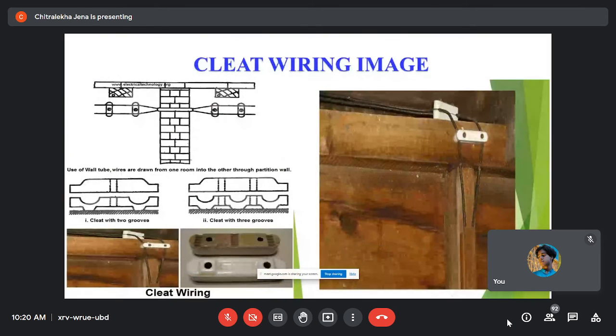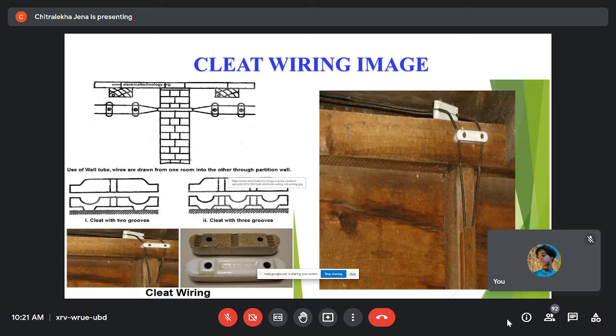Have you seen this type of wiring? Tell me, anywhere. I'm asking all of you. Yes, ma'am, in old houses. Not old houses. Suppose a building is under construction, you will see this type of wiring. For a building under construction, they require 1 or 2 bulbs for working at night, so they use this type of wiring. This is called cleat wiring.